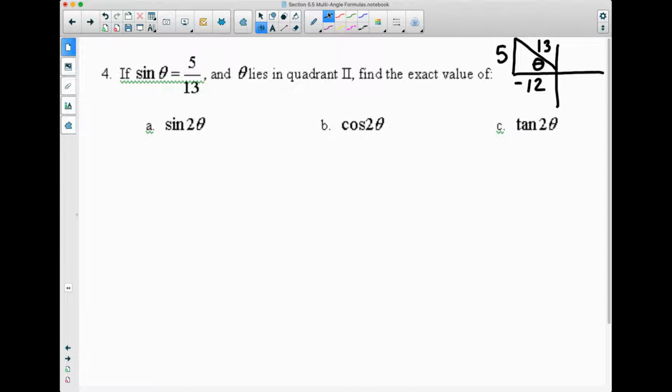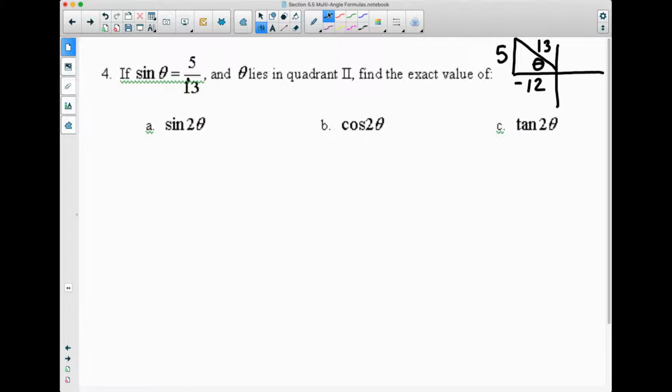Because I know they did not make a mistake. If they made a mistake here, then the answers are going to be wrong as well. Of course I can't do anything about sine 2 theta, but at least when I'm working through cosine 2 theta, if they gave me sine, I'm going to use the formula that involves sine. Could you use any of the three of them? Absolutely. But then I know for sure I can't make a mistake unless I'm making mistakes with computation afterwards.